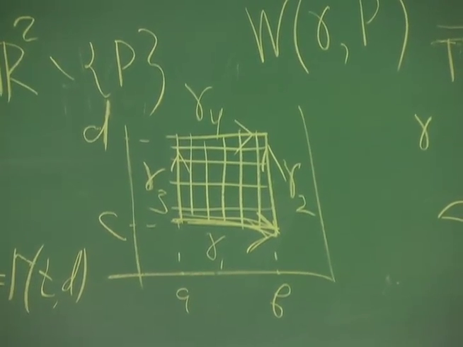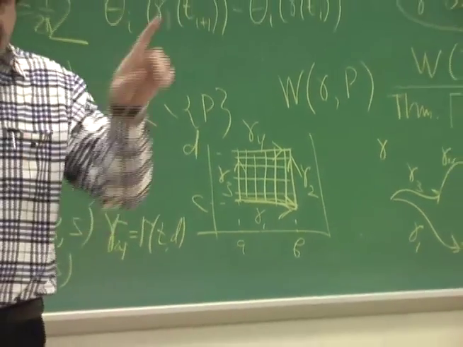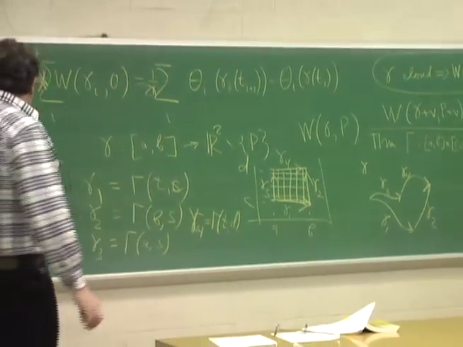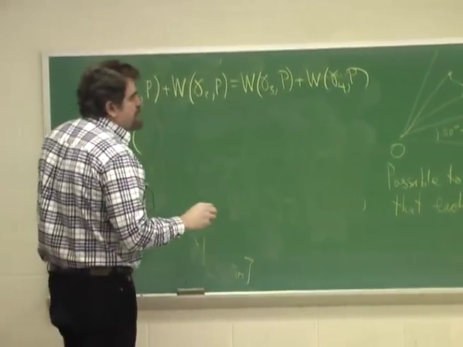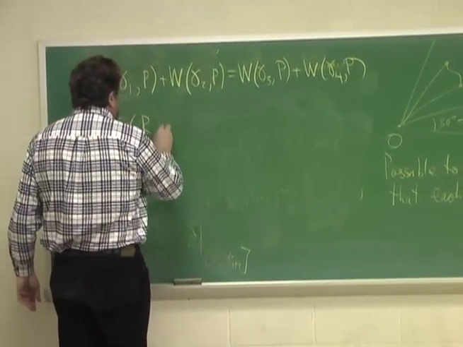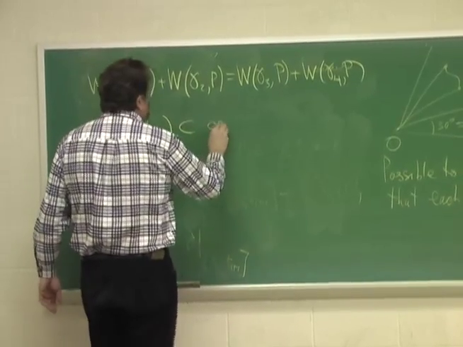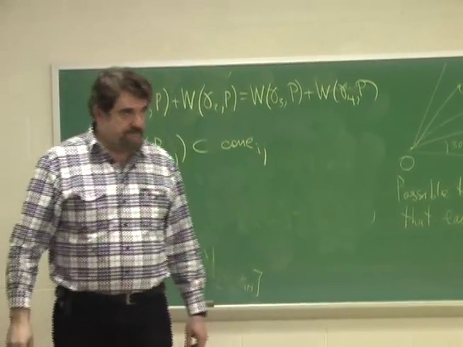Can I do this? Because of Borel-Lebesgue, I can do this. So gamma of rectangle ij is in the cone ij, in its own cone.